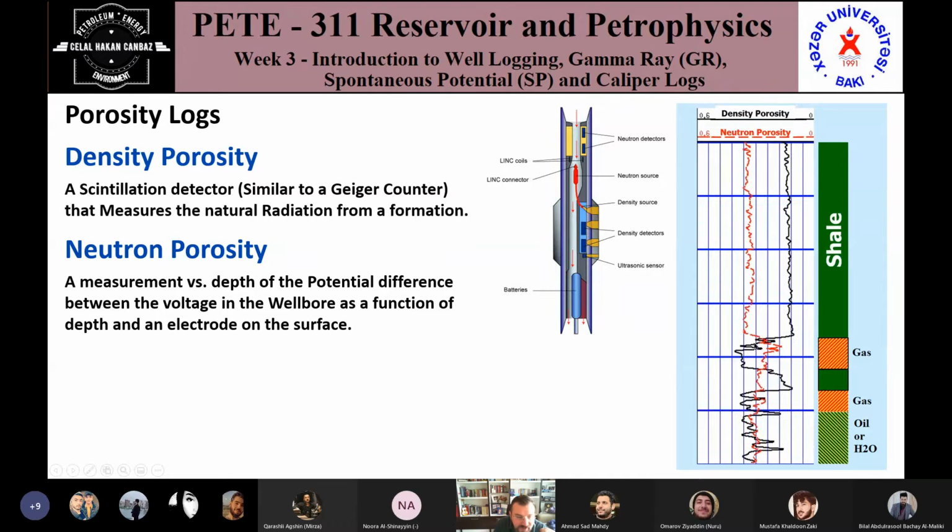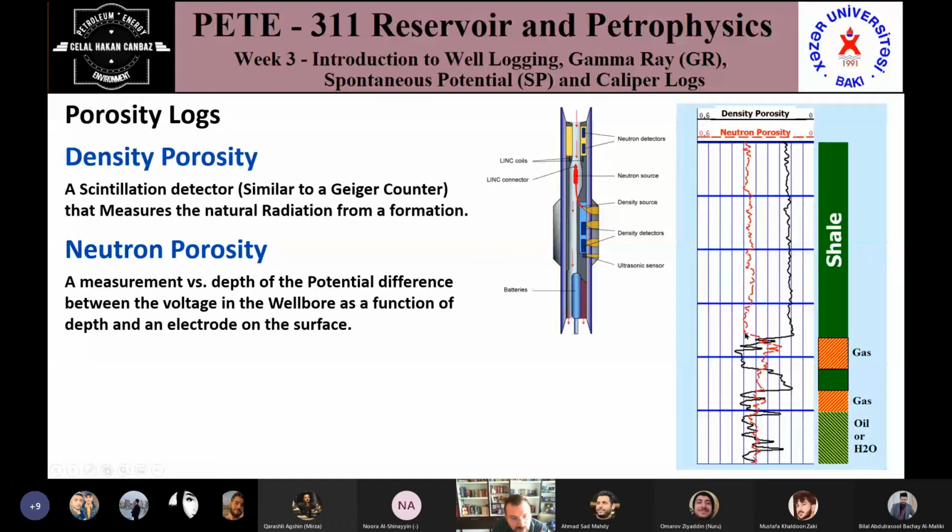This is related to fluid. The other is related to getting the porosity of your lithology. One gets the porosity from the liquids, density gets it from the liquids, and the other gets it from the lithology. So because of that, this differentiates.